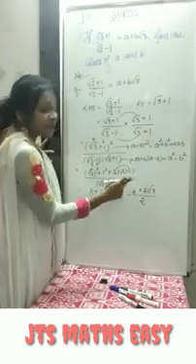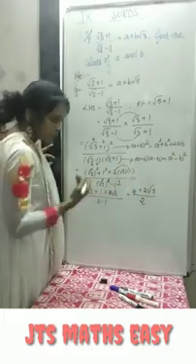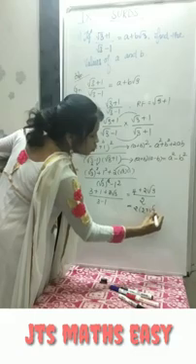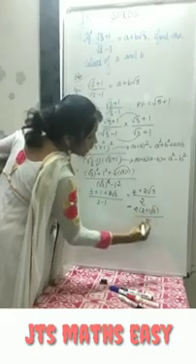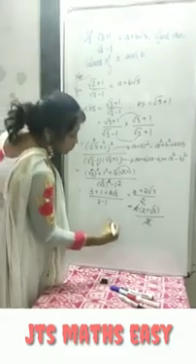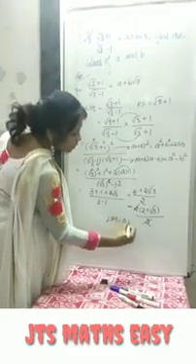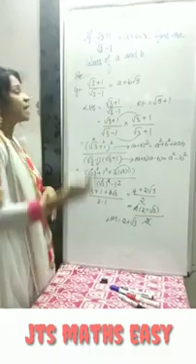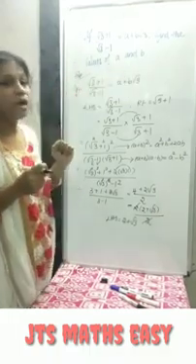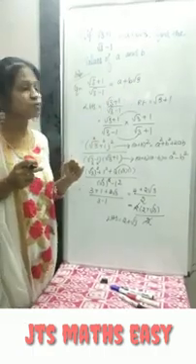In the numerator I have a common factor 2, so you can take 2 outside, which becomes 2 into 2 plus root 3 divided by 2, and this 2 gets cancelled. So for your LHS you have arrived at the answer 2 plus root 3, right? But actually the question is to find the values of a and b. Here we have the RHS also.